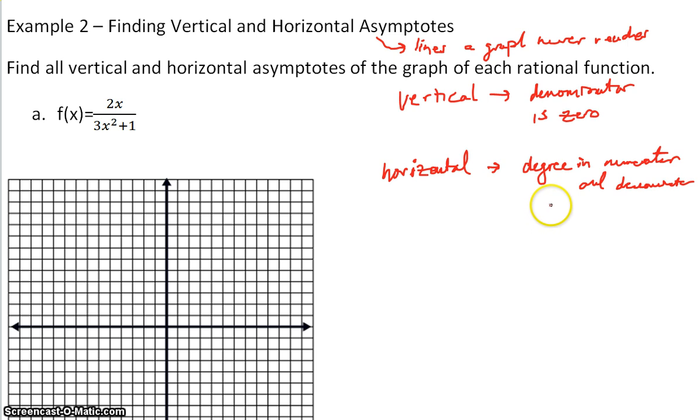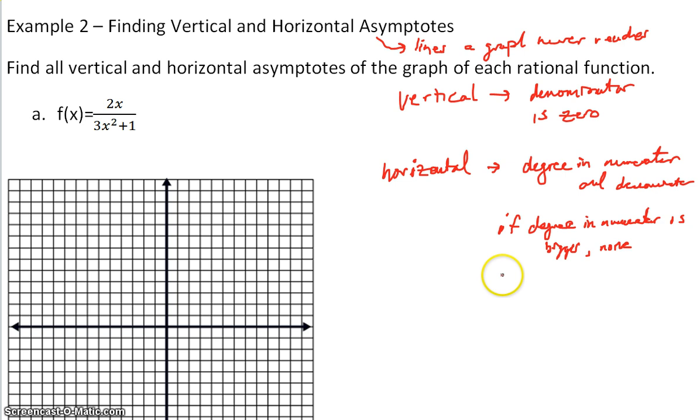So what you need to know is if the degree in the numerator is bigger, there is none.